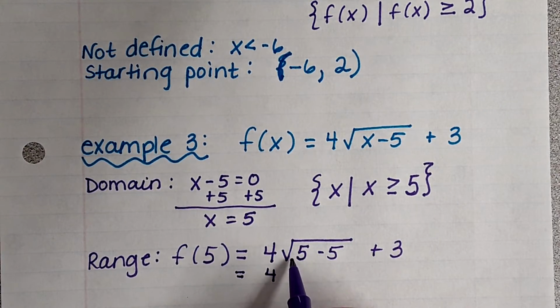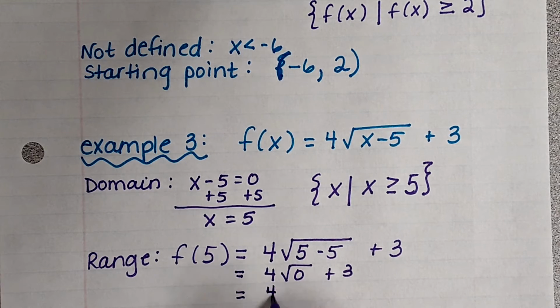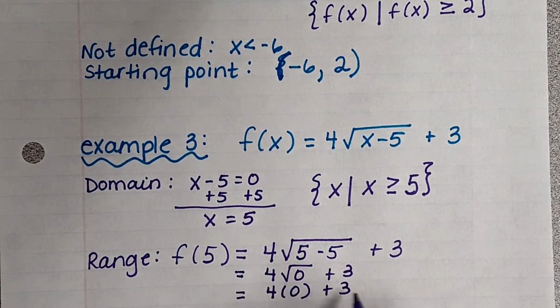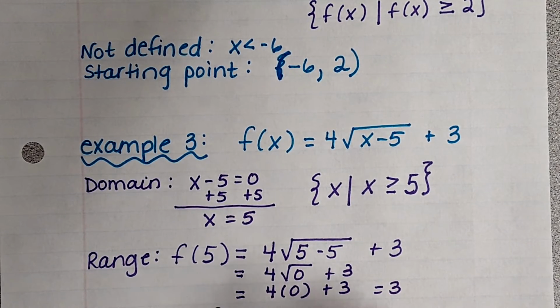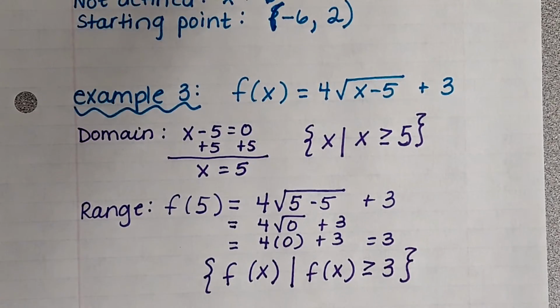So the square root of 5 minus 5 is 0 plus 3. Well, the square root of 0 is 0. So this becomes 4 times 0 now. Well, 4 times 0 is 0. 0 plus 3 is 3. So my range is f of x such that f of x is greater than or equal to 3.